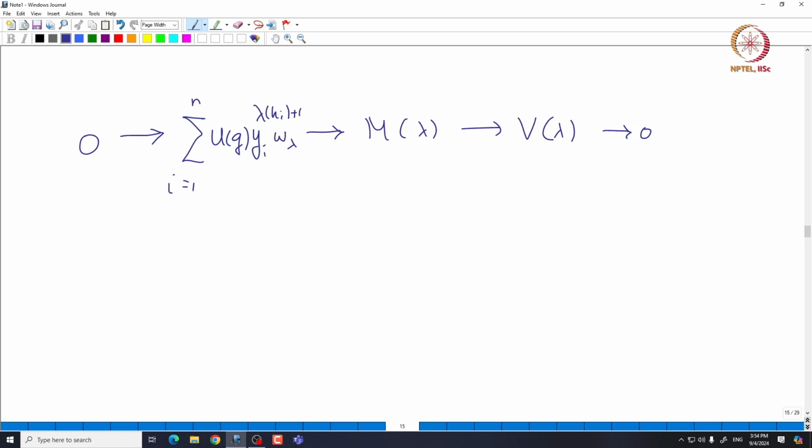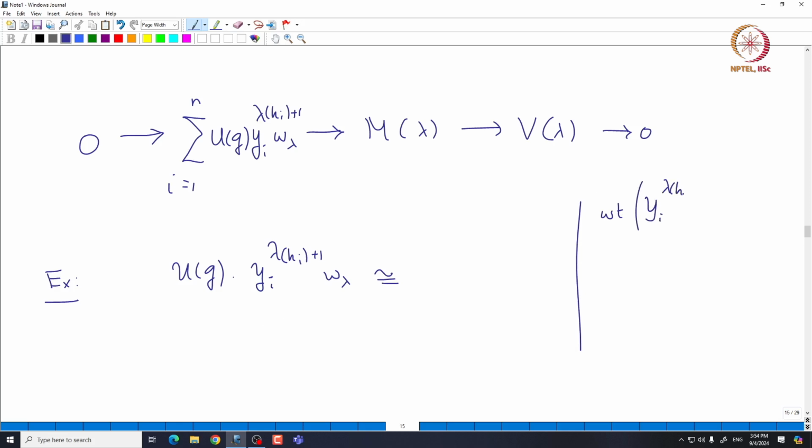Now if you look at this UG module generated by yi power lambda of hi plus 1 w lambda, I will leave it as an exercise, because this is happening inside the Verma module. You can easily see that the weight of this vector is lambda minus lambda of hi plus 1 times alpha i.